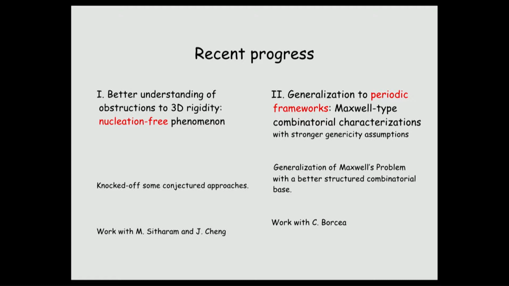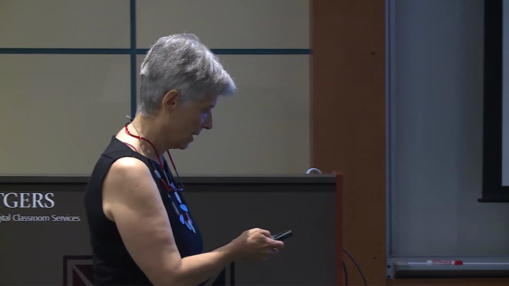However, we have a stronger genericity condition. Yes, and that is a subtle thing that has to be understood. And this is a generalization in the sense that solving Maxwell's problem in the finite case appears as a special case of elimination of genericity in this periodic case. So it's not a trivial generalization.